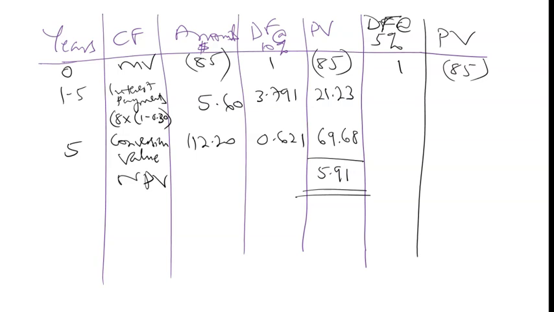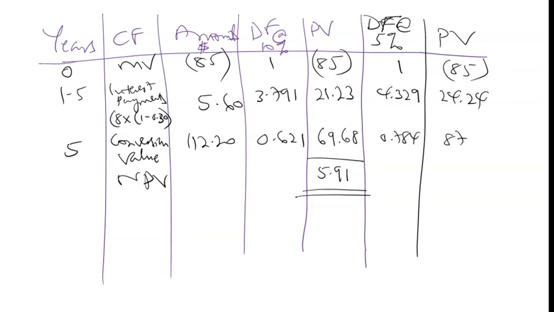And then for years 1 to 5, the annuity factor at 5% is going to be 4.329, and if we multiply by 5.60, we get 24.24. And then here we'll be using a discount factor at 5%, and this is going to be 0.784.